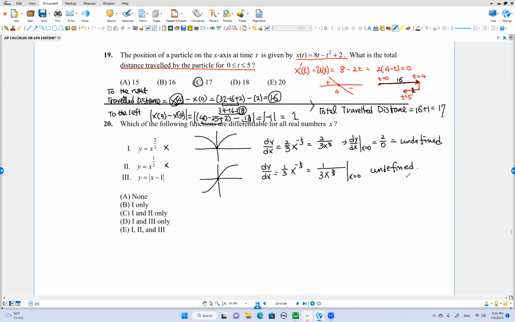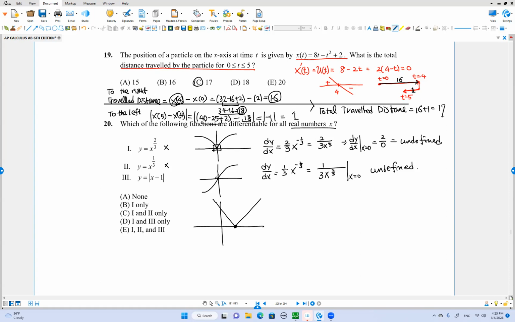Y equals absolute value of x minus 1, here at 1. That's the graph. This is a sharp corner, still not differentiable, right? So at this one point, they are not differentiable. So which one is differentiable there, for any real value of x?